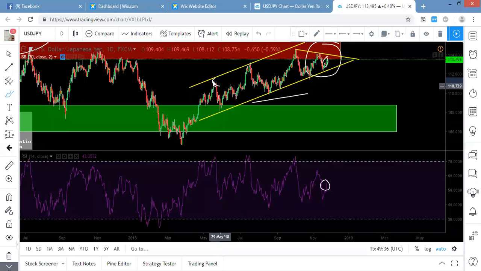Higher high, higher high, higher high, and then we have our higher low, another higher low, and then a higher low, and even another one, a higher low. However, this most recent move was a lower high. So that tells me this could be the start of a downtrend.